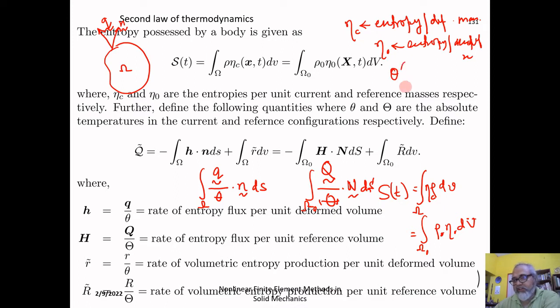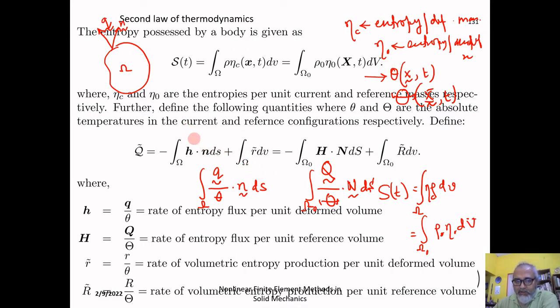Now theta, small theta, which is a function of small x and t, is the temperature distribution in the deformed body, whereas capital Theta, which is a function of capital X and t, is the equivalent temperature distribution in the undeformed body.